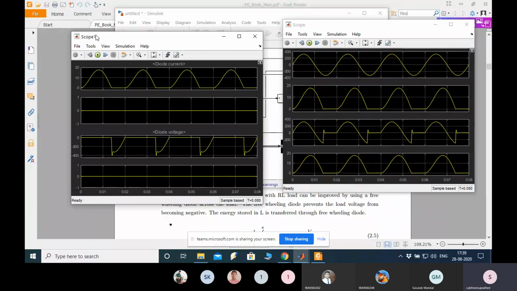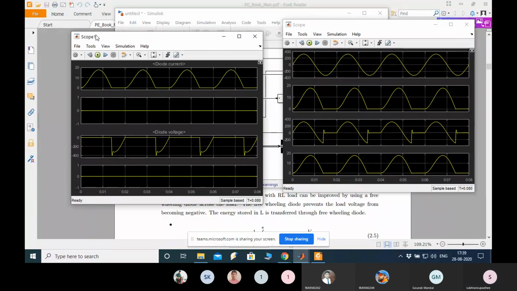Similarly, bridge rectifiers, similarly full wave rectifiers can also be done. In full wave rectifiers, you use a transformer. Half wave rectifiers are not efficient because only one half cycle is represented because of the single diode.